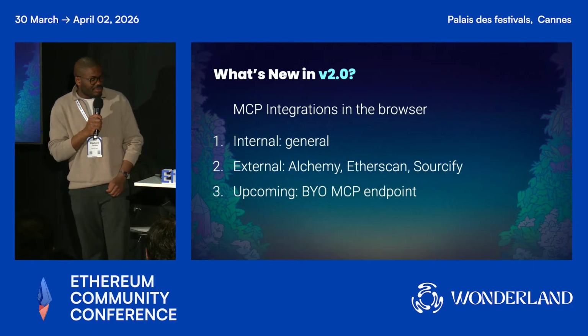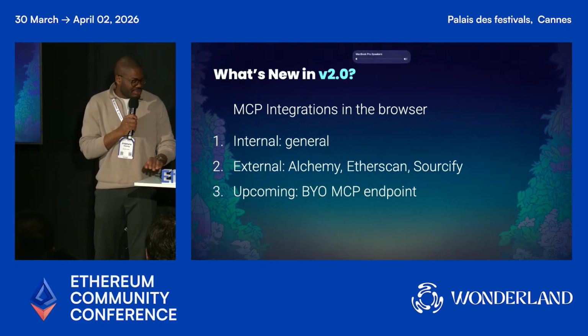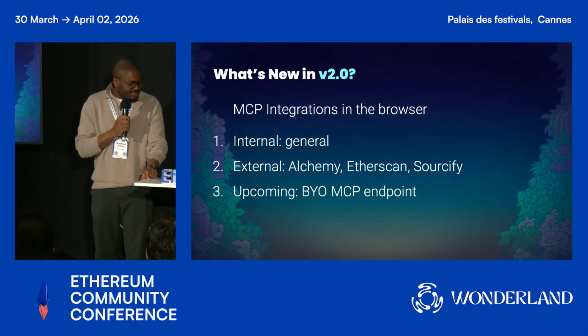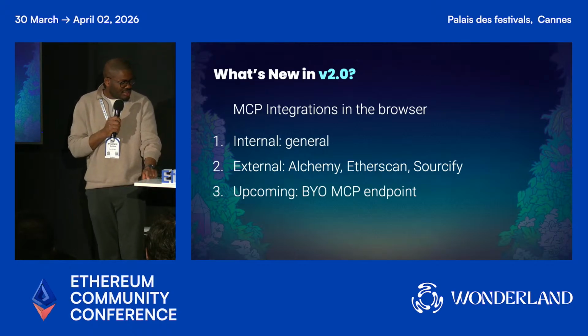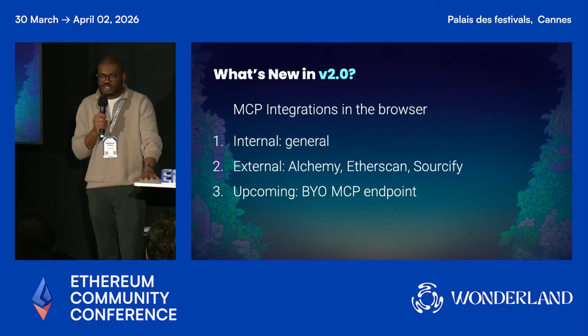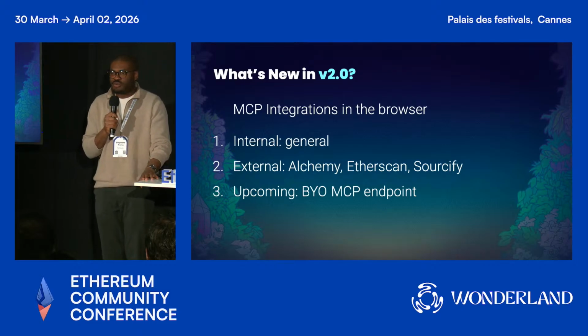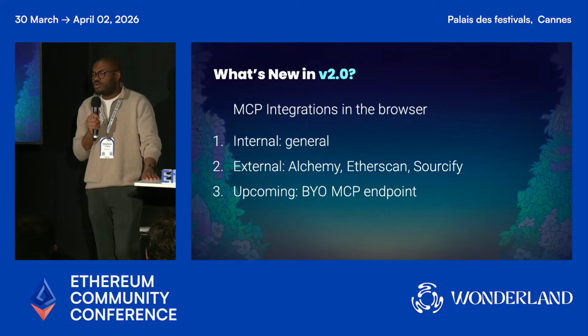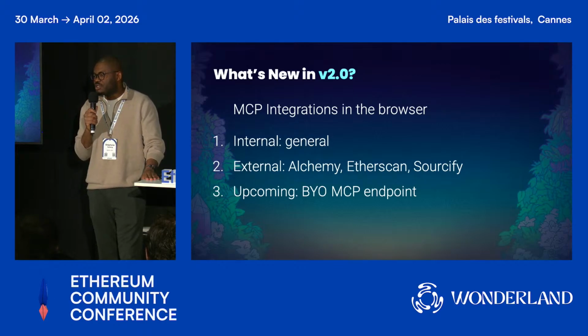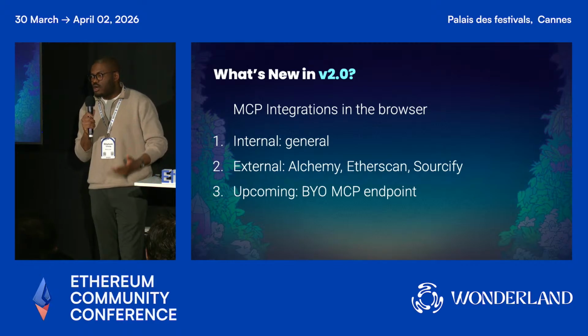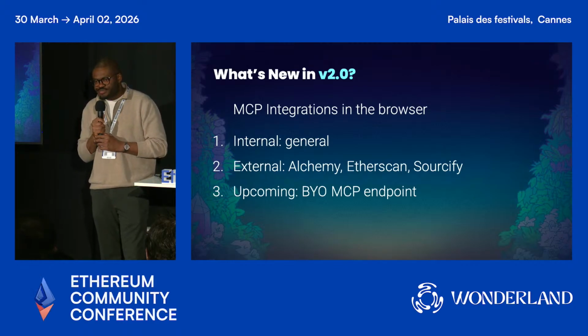So talking about MCP integration, which is really nice to state here, we have two types of MCP integration layers. We have internal ones, which are developed by us, not by any third-party platform.